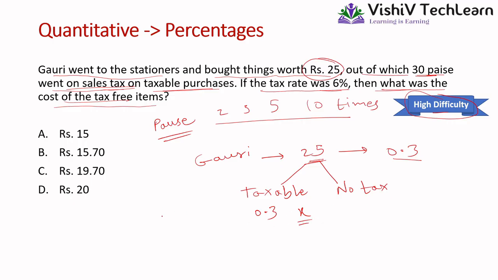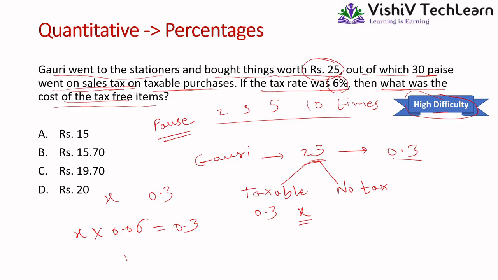Now here if taxable items are X rupees and 0.3 she paid as the tax, then the rate is also given, 6% is the rate. So taxable items were of rupees X into 6% rate, 0.06 I will consider here. This should give the calculation as 0.30, correct?